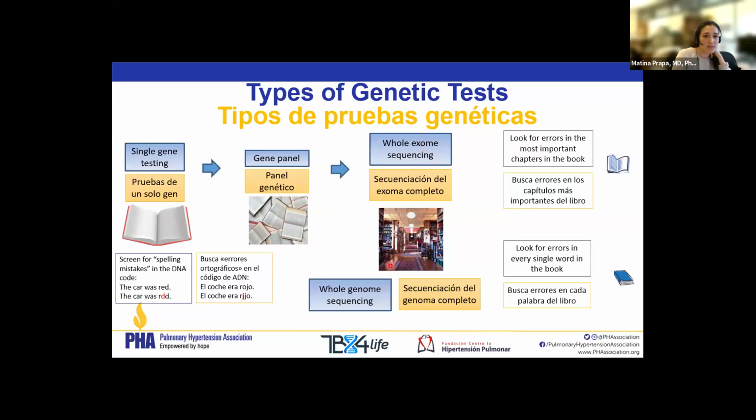What we are now moving to is an even more sophisticated test, and we call those tests whole exome or whole genome sequencing, where you look in the entire library. So you sequence the whole 20,000 genes, and then you look for spelling mistakes within them. In terms of either particular chapters of interest, this is the whole exome sequencing, or whole genome sequencing, which you don't look at chapters, you look at absolutely everything.